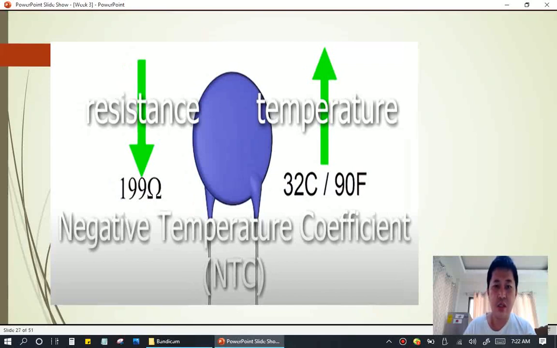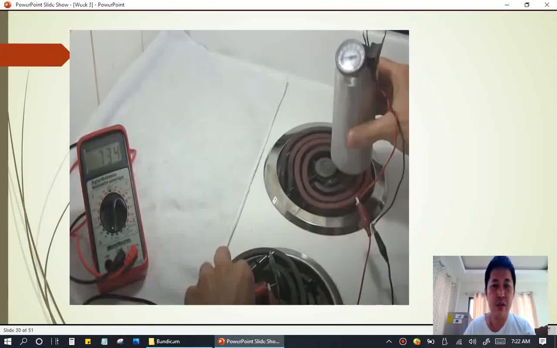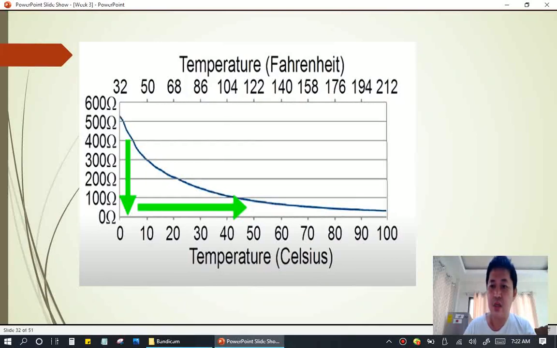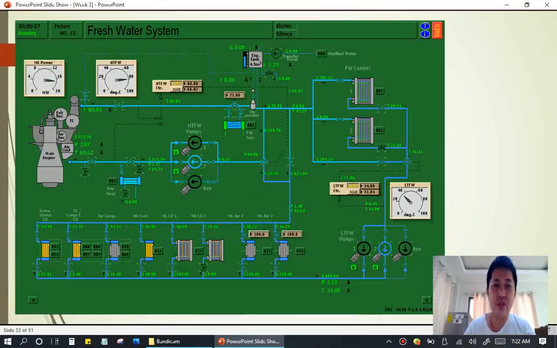So the relation here is using the negative temperature coefficient. Next, as you can see here, the thermistor type sensor is also used here. We have here the example, the high temperature water cooling system.